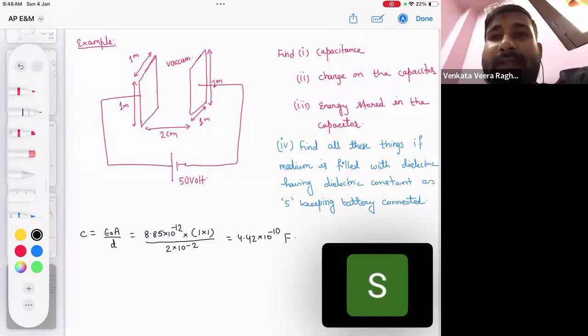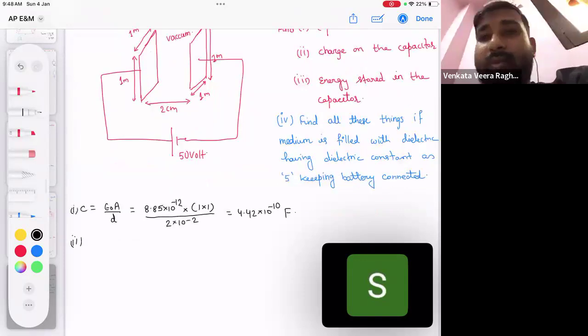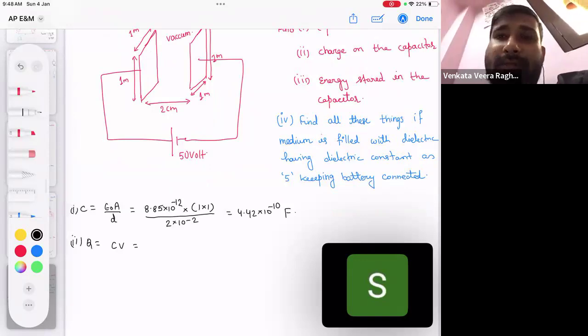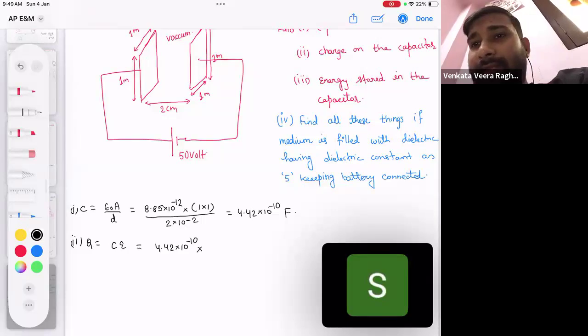Okay, the first part is that one. Second part, what did they ask in the question? What is the charge? So what will be the charge? C into V, we can write it. Or if you want, you can write C into EMF also. So what is the capacitance we have calculated? 4.42.